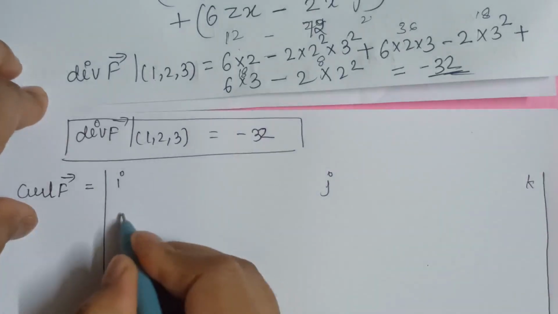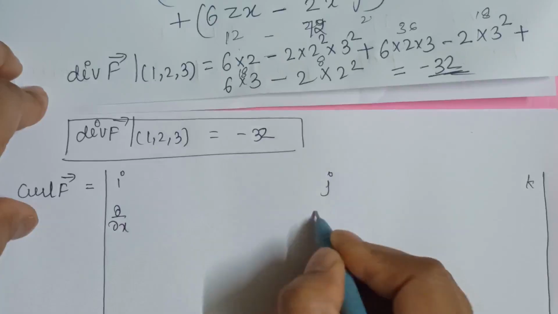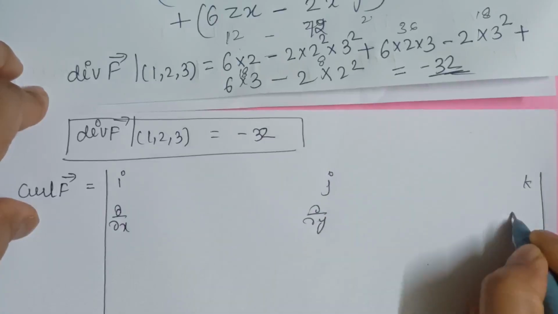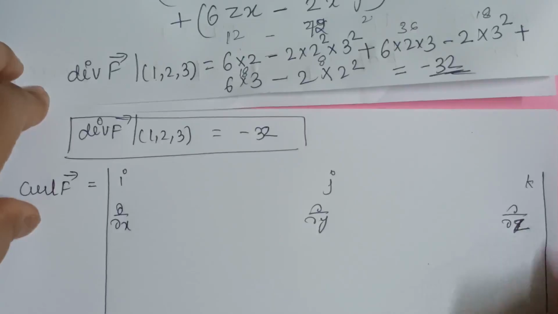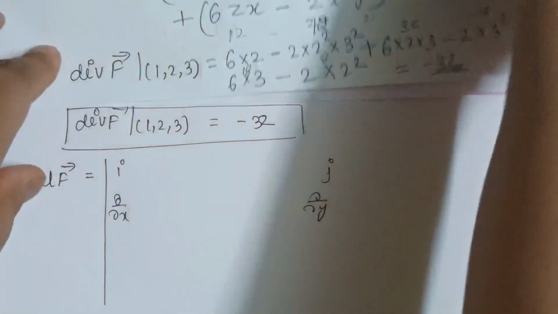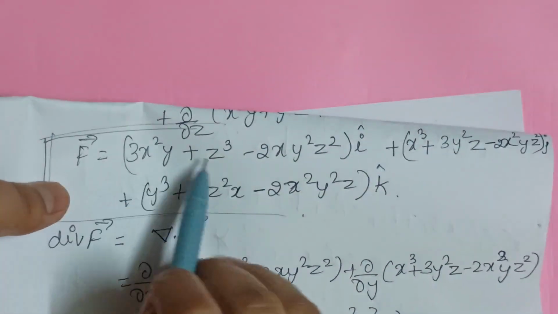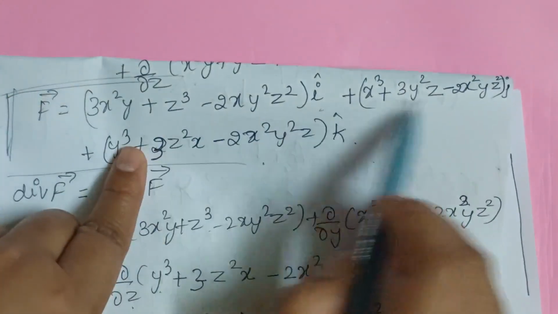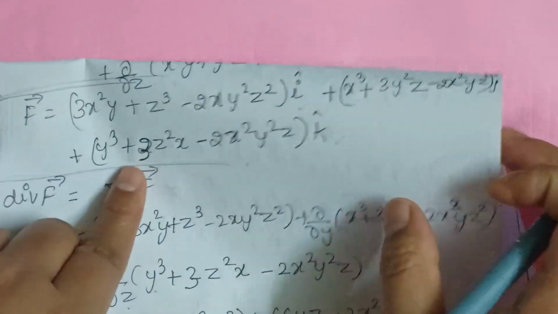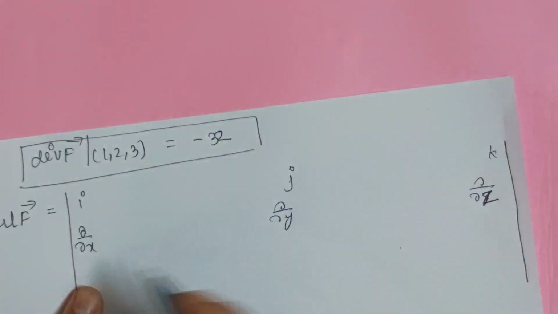All right, here it is dou by dou x, dou by dou y and dou by dou z, correct? Now we already have the vector f, so these i and j and k, just we have to write it below this.